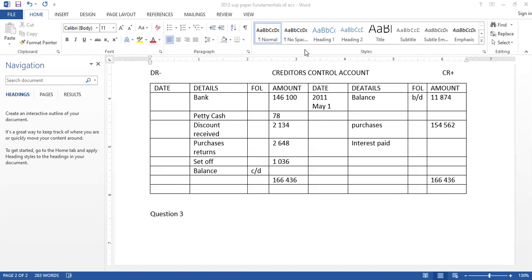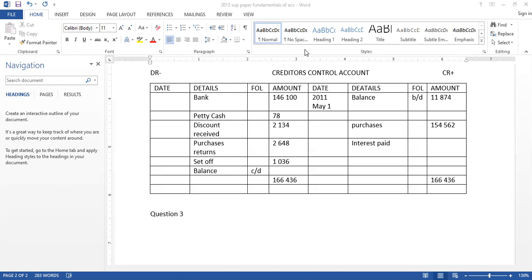So when you get that statement, you will need to compare it with your creditor's ledger account, in other words the creditor's ledger of that certain supplier. Now remember, you have a lot of suppliers.